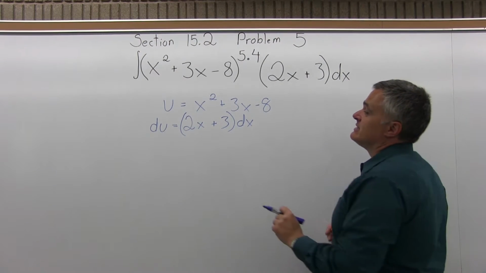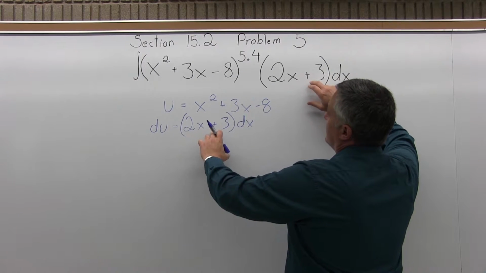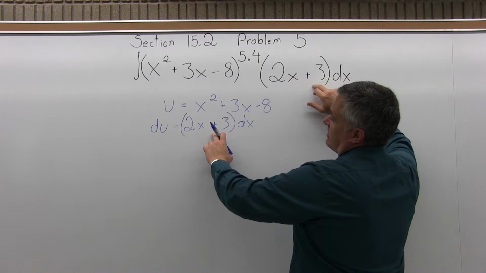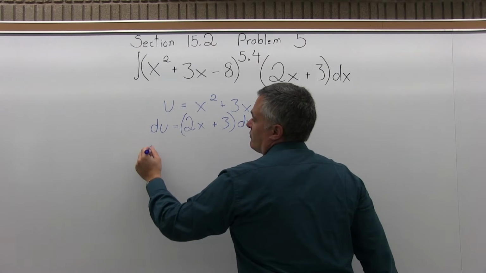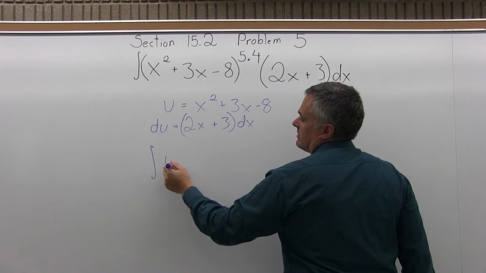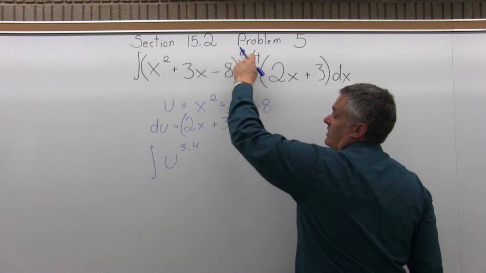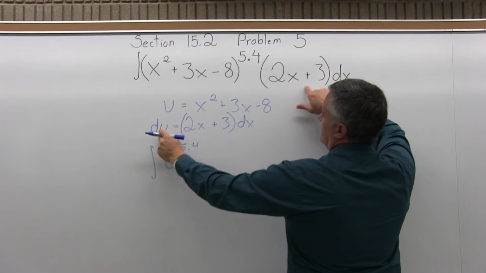And at that point, you can see that the value du, 2x plus 3 dx, is going to match up with part of the original problem. So as I rewrite the original problem in terms of my new variable, I'm going to have u to the 5.4 and then du.